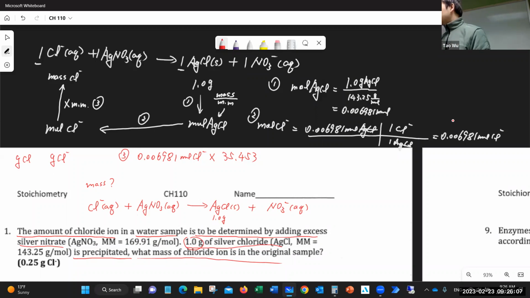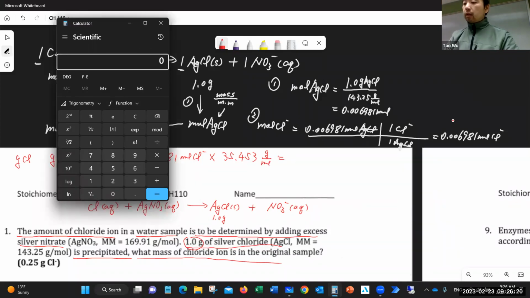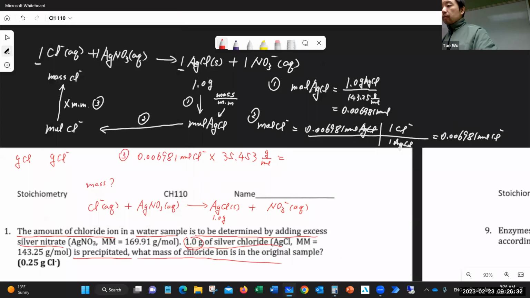Those two are the same. So you multiply by the molar mass, in gram per mole, then you figure out the mass of the chlorine. 0.247.